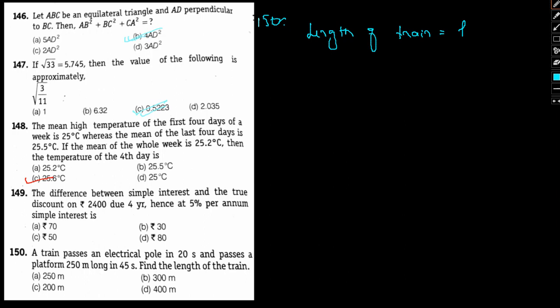So speed of the train is given by distance by time, so length by time, which is 20. Now again, it's given a platform 250 meter long, so L plus 250, distance by speed equals time.